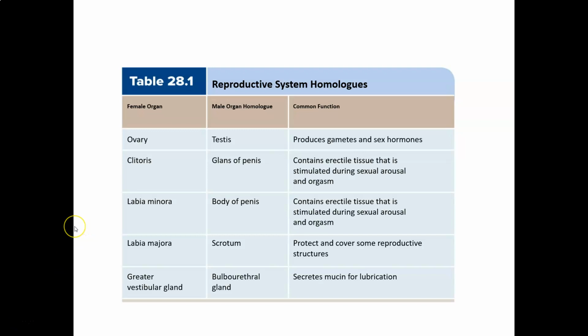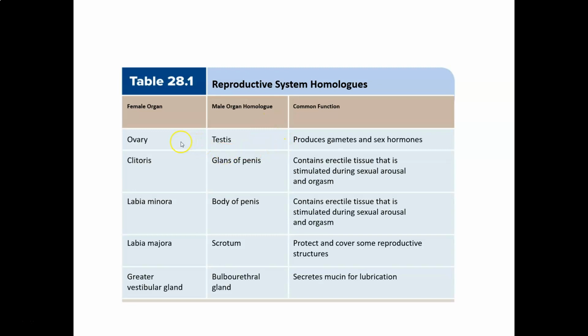Lastly, this is the first table of the chapter, comparing the male and female organs. They are homologous organs: they have the same origin during development and perform similar functions.